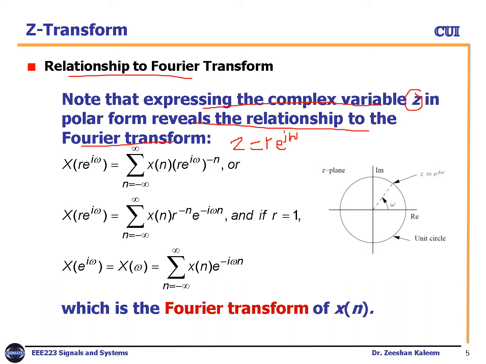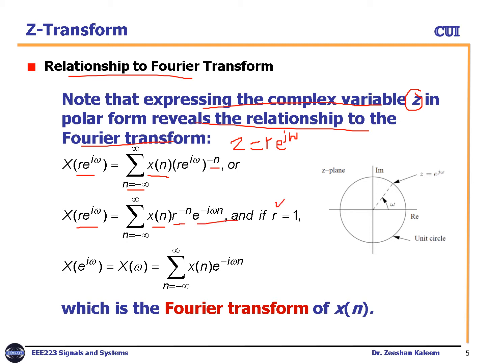So X of r e to the j omega equals the sum over n from minus infinity to infinity of x of n, replacing z with r e to the j omega, to the power minus n. Further evaluating, separate the r and e to the j omega terms: you get r to the power minus n e to the power minus j omega n.